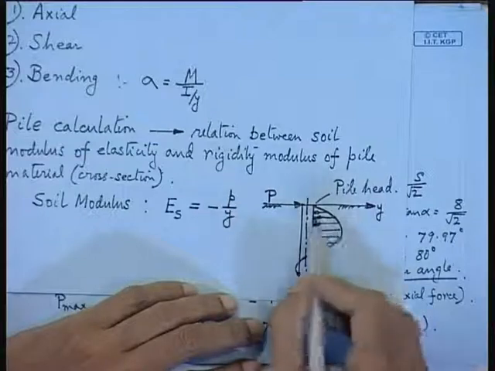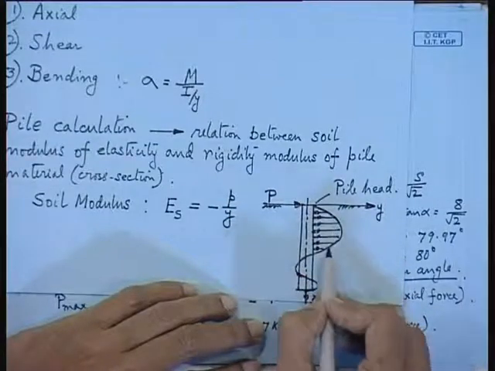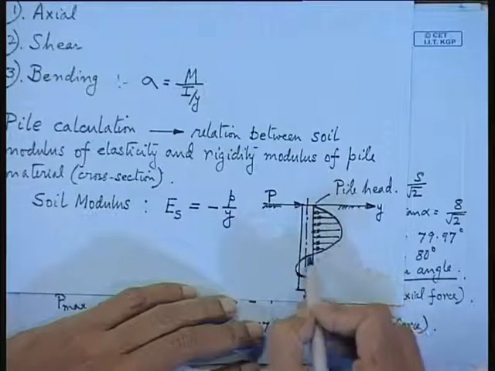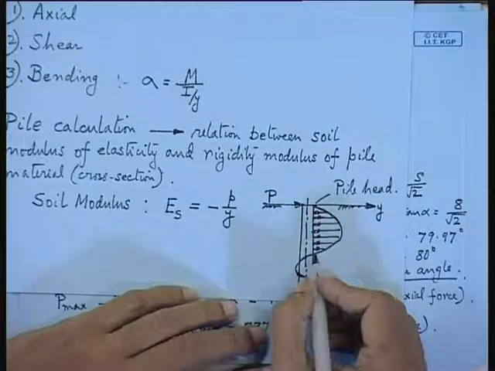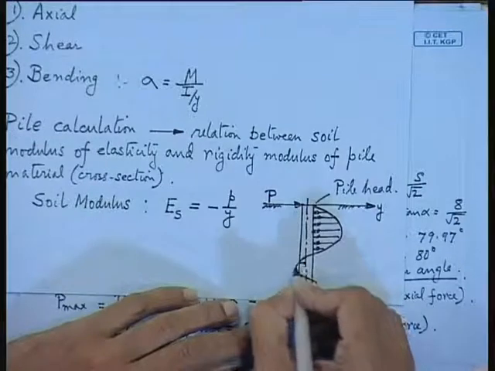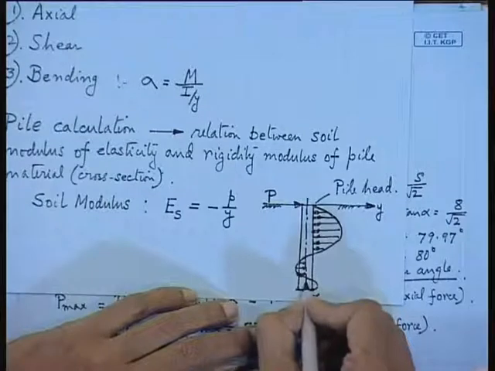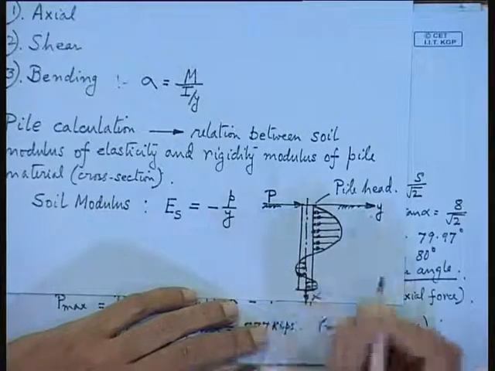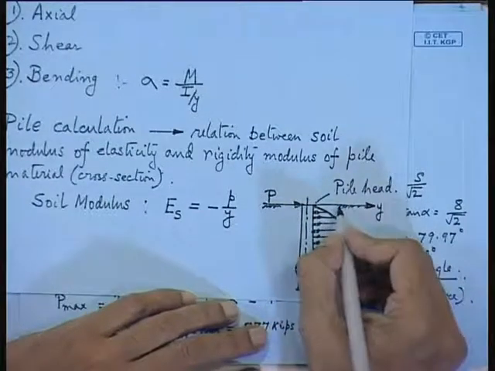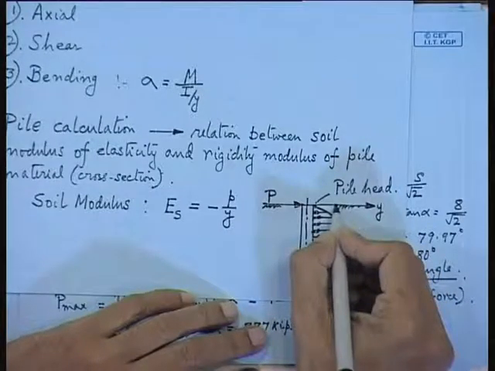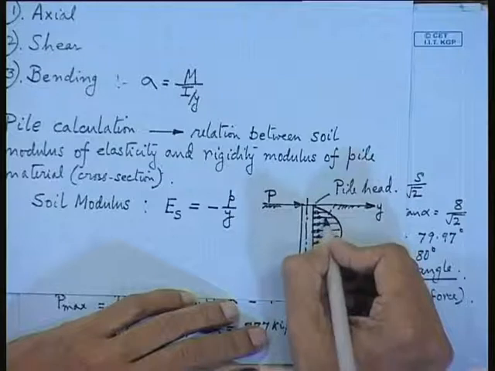So, at this region you will find the maximum force. This is the distribution of the force from the soil, it is coming in this direction, and then again it is going to be reversed. Anyway, your pile deflection also will come somewhere like this. This is your pile deflection.